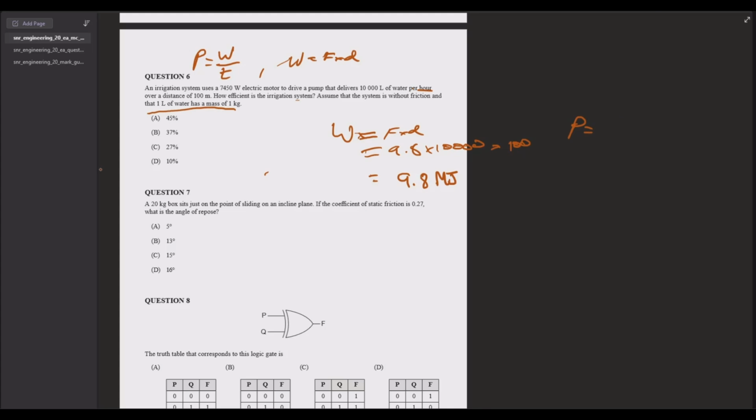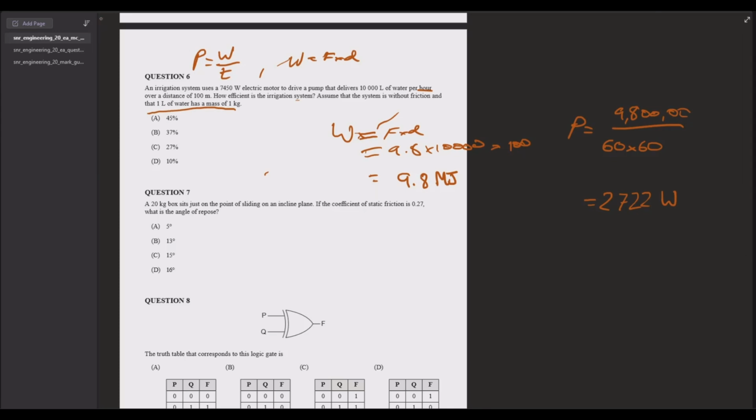no, we do have to do some conversions because it's in per hour, and the watts unit requires seconds, so we are going to have to convert this. 9.8 million, we're going to divide that by 60 times 60, which is 60 seconds for 60 minutes, which is our hour, and that's going to leave us with 2,722 watts.